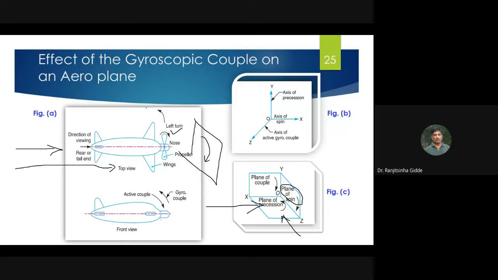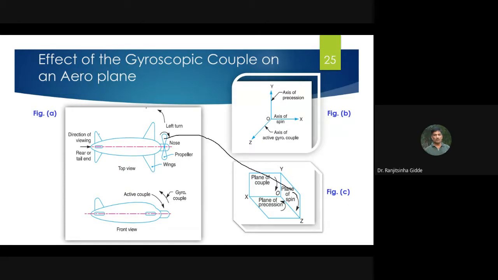In this plane of spin, we are going to show direction of rotation of this propeller. After looking from this side, imagine a vertical plane here, and in that plane we are observing in this figure, but in actual we need to check direction of rotation of propeller in this vertical plane. And what is that vertical plane? That vertical plane is nothing but plane of spin.